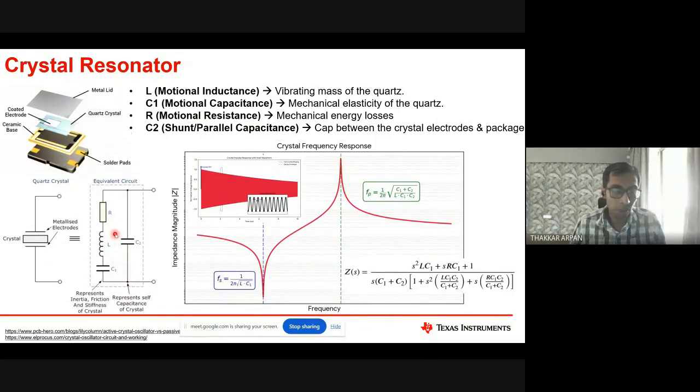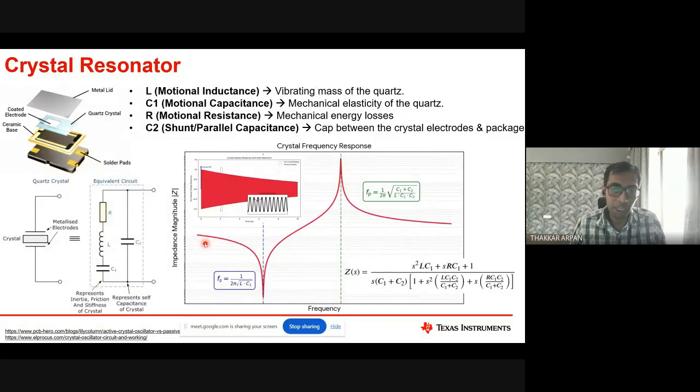So at a frequency where this omega L becomes exactly the same as 1 by omega C, this and this will cancel out each other because they have opposite phase, right? This is omega L and this is minus 1 by omega C. So they will cancel out each other, and the impedance will be nothing, as if these two don't exist because they cancelled out each other, and that is just R.